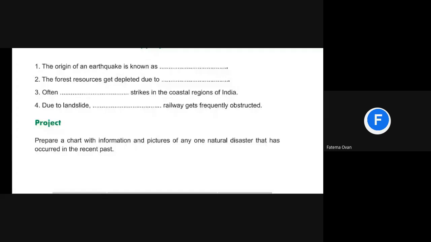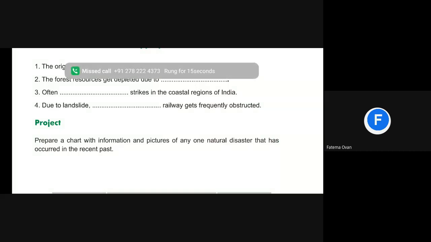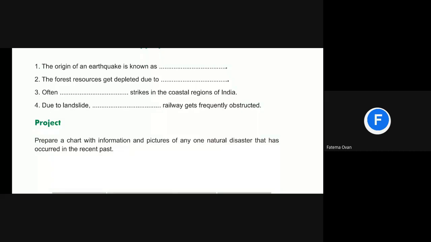Okay. Now, one is the project. You have to prepare a chart with information and pictures of any one natural disaster that has occurred in the recent past. In the recent past, here in Bhavnagar, we had a cyclone. So can anyone prepare a presentation about that cyclone?